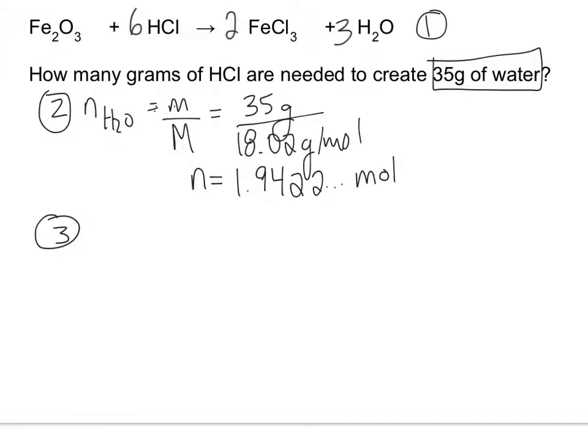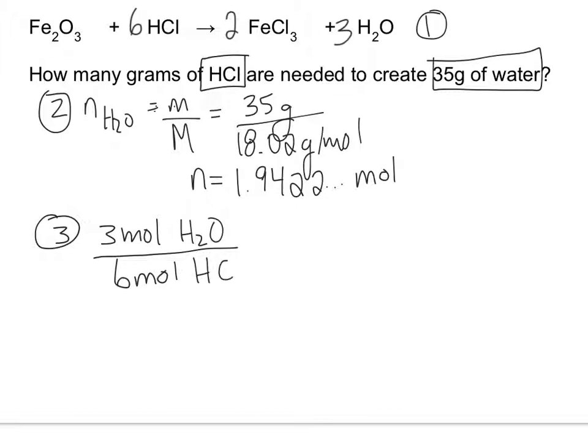Step 3 then says set up a mole ratio to find the moles of our unknown value. So we are looking for the mass of HCl, so first we need to find the number of moles of HCl. We know from our balanced equation that 3 moles of water is produced for every 6 moles of HCl that reacts.